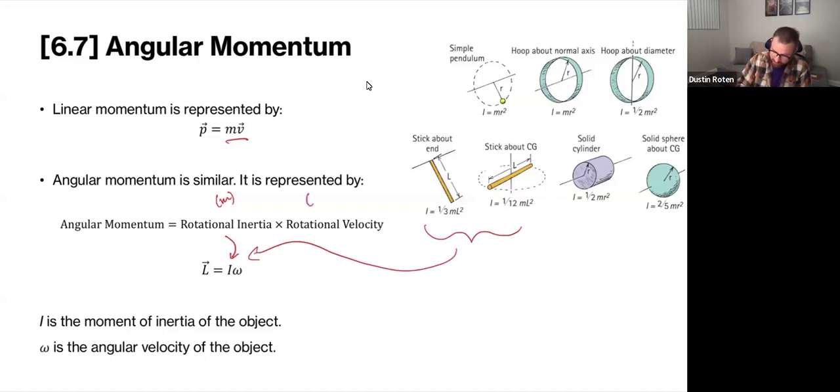If we relate it to our linear case, that's like v, except we're talking about an angle being swept out now instead of a rate traveled across a straight distance. So that's our omega, which is how fast your angle is changing over time. I is the moment of inertia, and omega is the angular velocity.